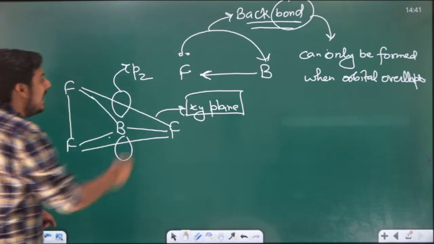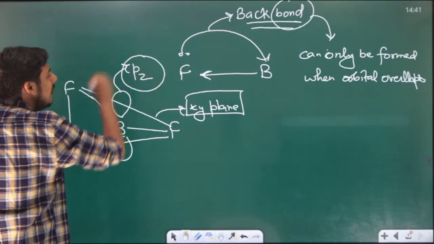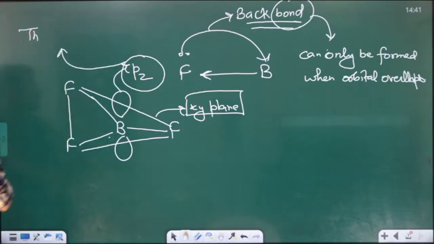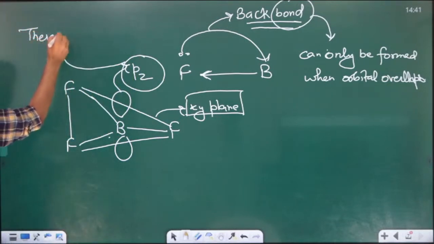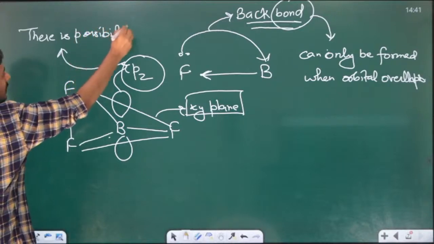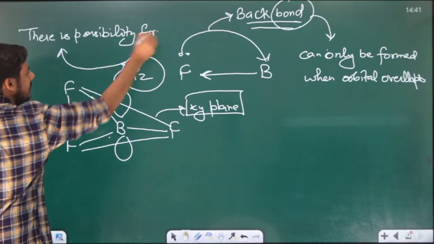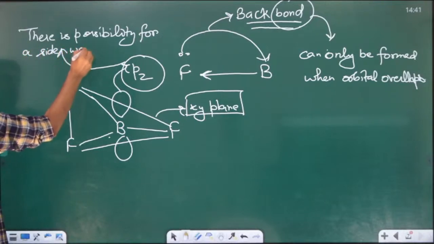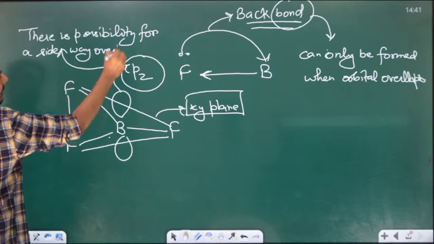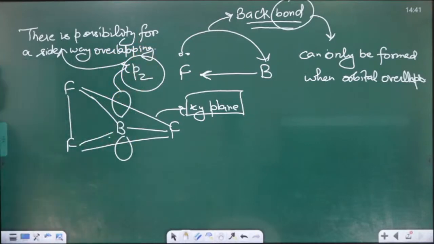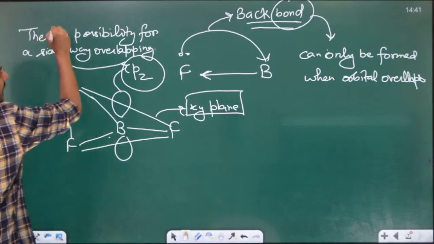So what we can write: due to the presence of only one vacant p orbital, there is a possibility of sideways overlap only. And if only sideways overlapping is going to take place, then we know the type of back bond.